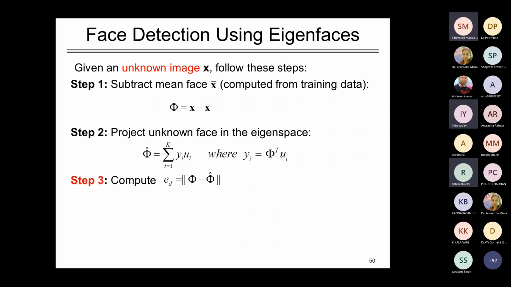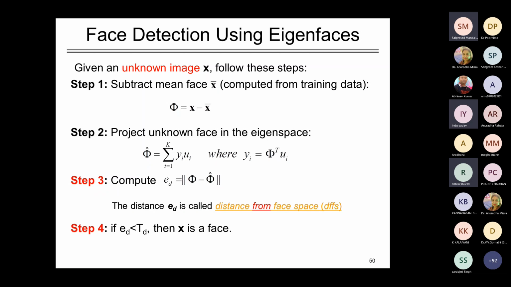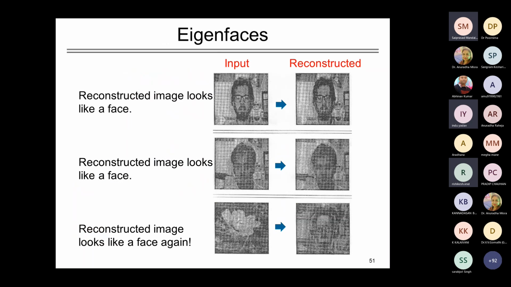Compute the value ed for the norm of phi minus phi hat. The distance ed is called the distance from face space. If ed is less than Td, then x is a face. Then these are the inputs and reconstructed images. Reconstructed images look like a face.